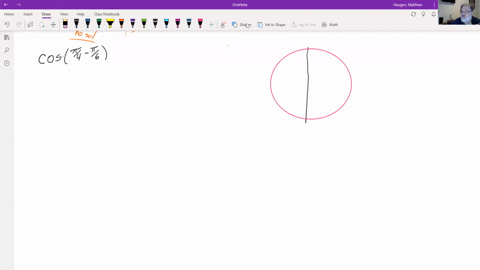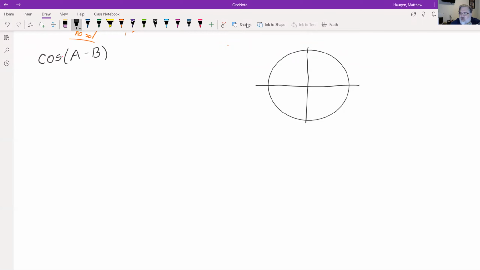I did not mean to get rid of my circle. Ooh, a pink circle, that'll be fun. I don't know why, but it seems like that should be fun. Okay. So first off, we're going to do this in general. So instead of specific values, I'm going to have an angle A and an angle B and look at their difference.